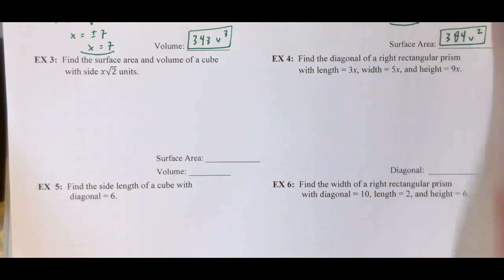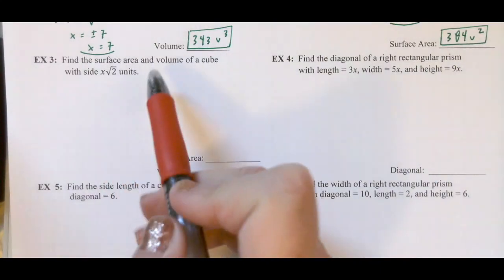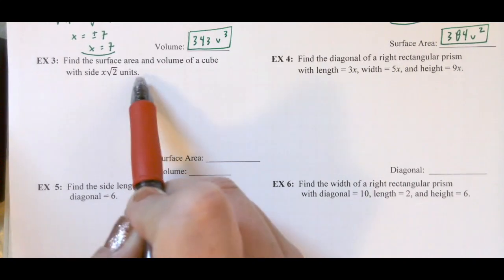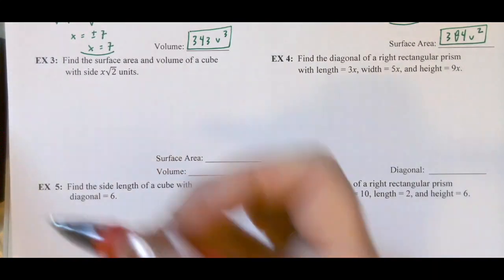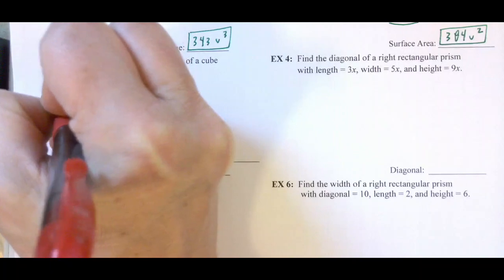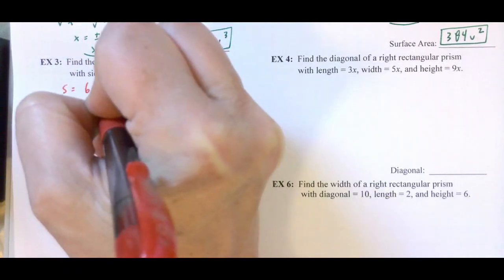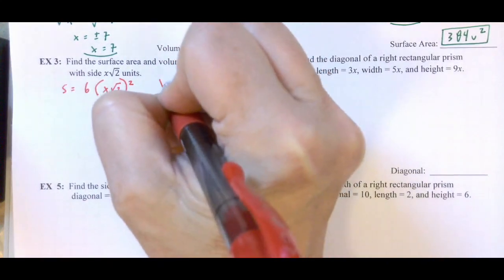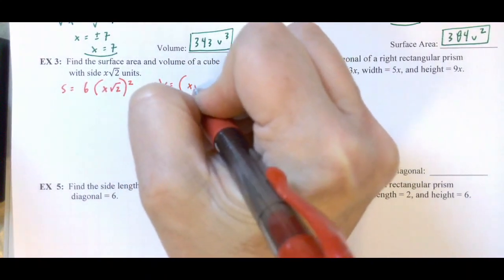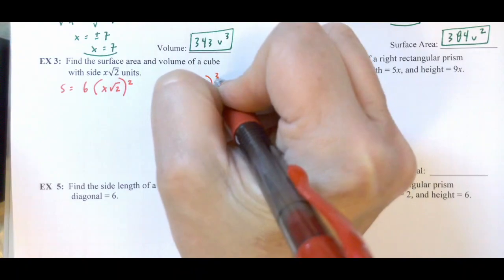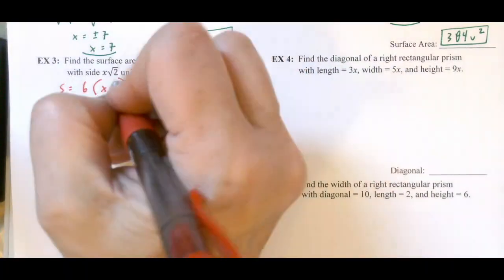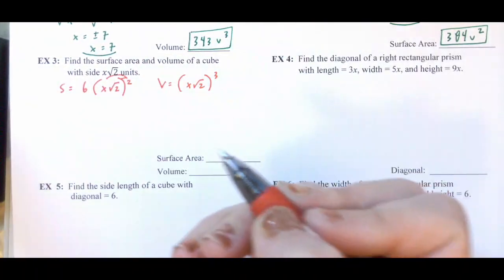Find the surface area and volume of a cube with a side length of x times the square root of 2 units. All right, so surface area, we have 6 times x root 2 as a quantity squared. Volume will be x root 2 as a quantity cubed. All right, so when I look over here for surface area, I have to distribute that exponent of 2.